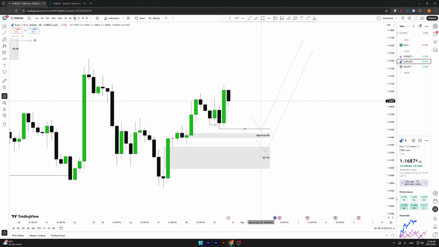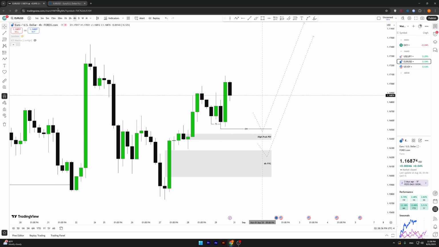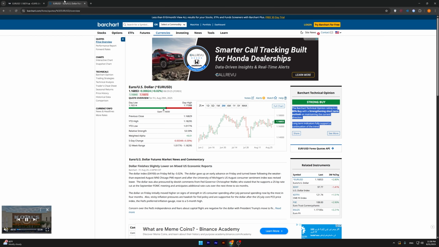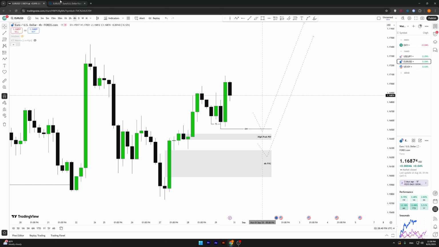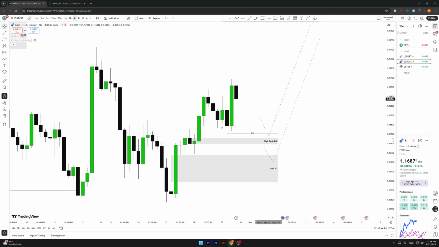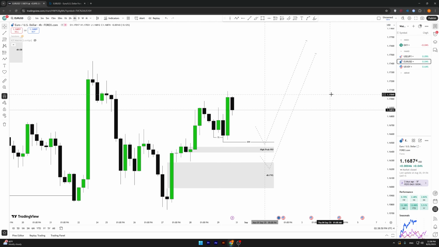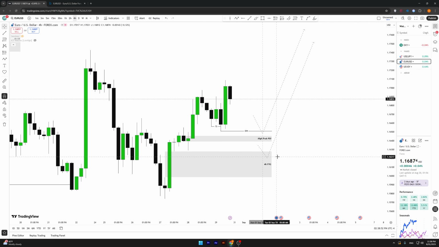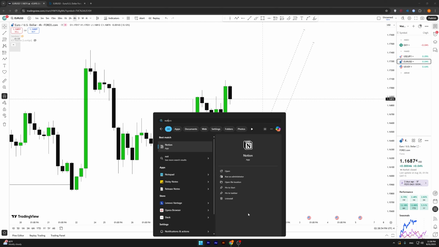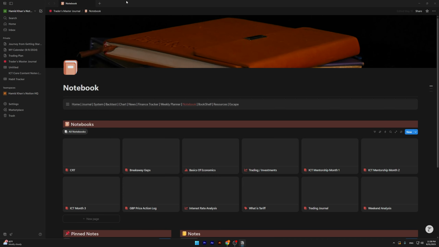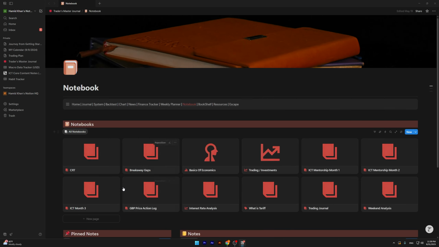So first I look at my chart and then I go to barchart.com and confirm my bias with this. And I also use COT data and the most recent economic indicator data. So I combine all of these to build my bias, but soon I will create a detailed video about this.